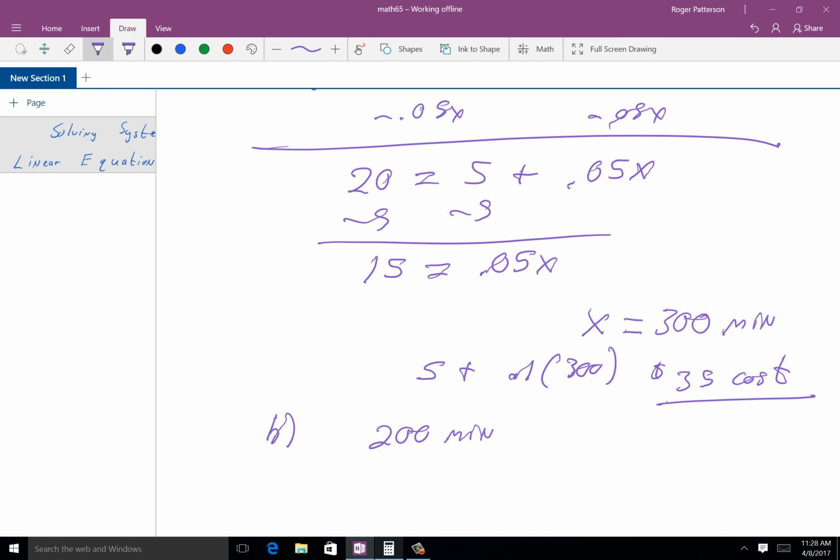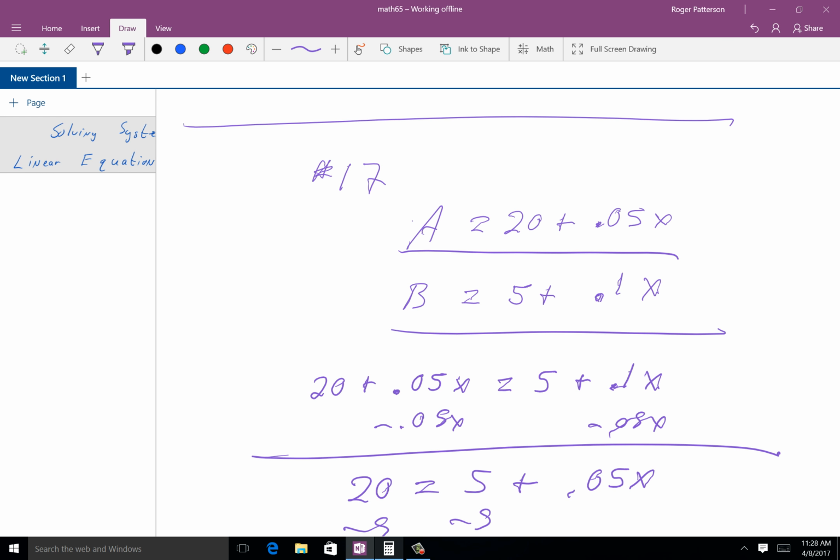Okay. So let's see, where did I got it? Here it is. So I'm going to put 200 into x for each one of those. All right, so take your calculators, put 200 in there, and see which one is best.